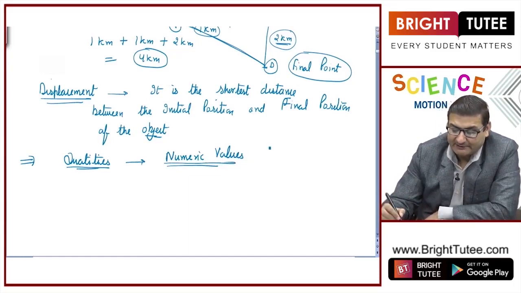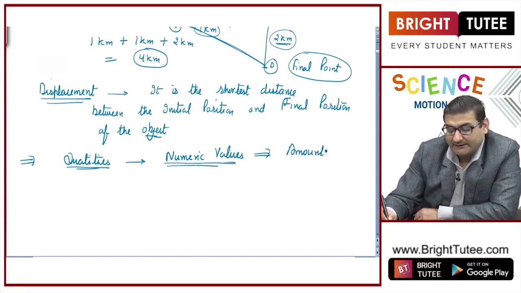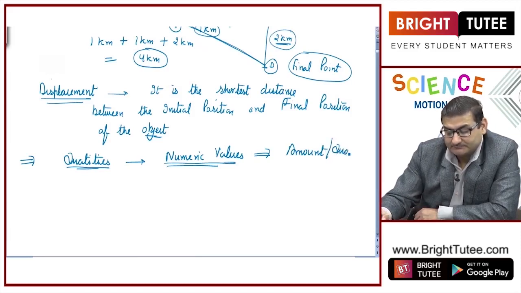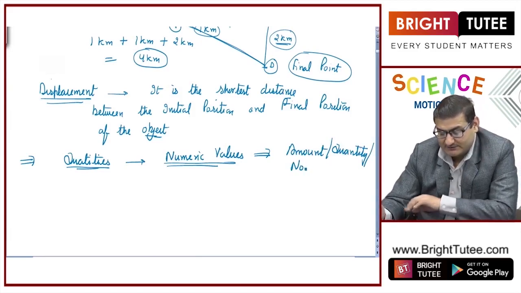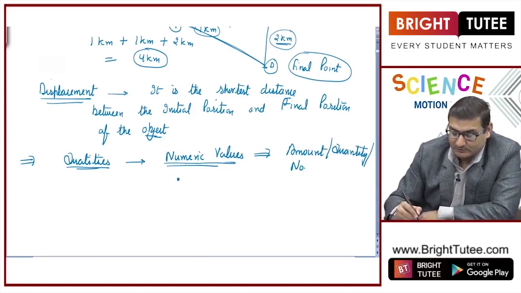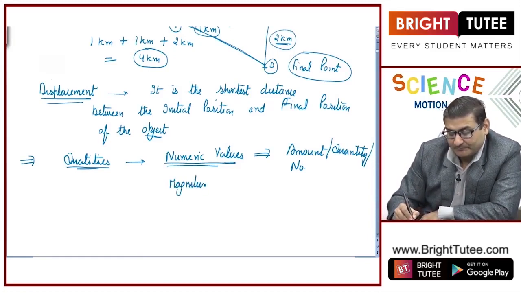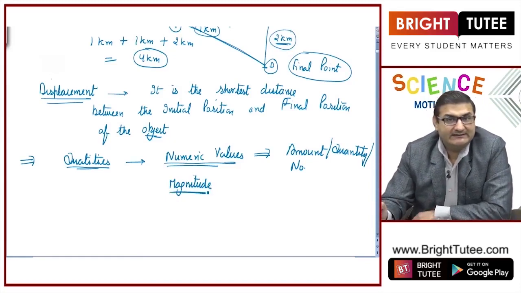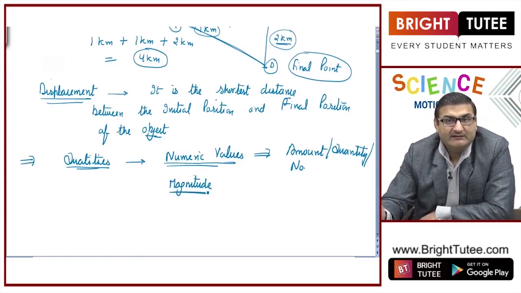The amount or quantity which is expressed in terms of these numerical values is known as the magnitude. So there are certain quantities in physics which have magnitude. Let us take an example.